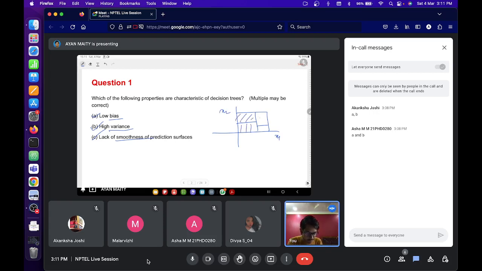These are the different regions that it breaks the feature space into. So there is no smoothness: a very small change from here to here can result in a huge difference in the output. So the smoothness is not present.